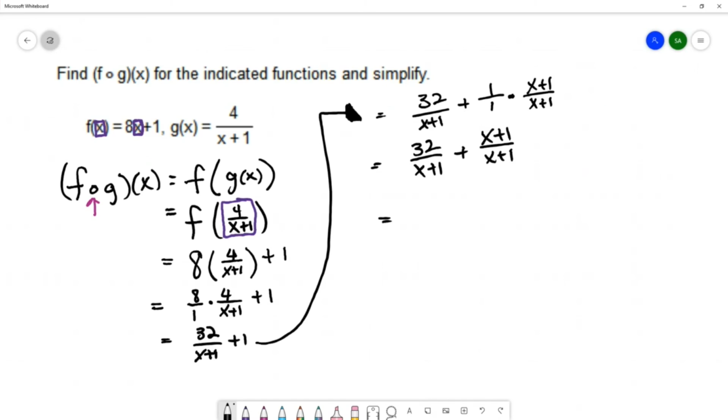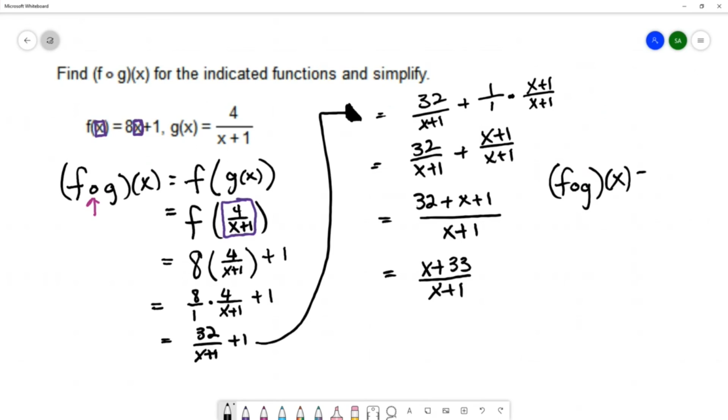Now we have fractions with a common denominator, so we can combine the numerators. That's 32 plus x plus 1, and 32 plus 1 is 33. So we have x plus 33 over x plus 1. So we worked out that f composed with g of x is equal to x plus 33 over x plus 1.